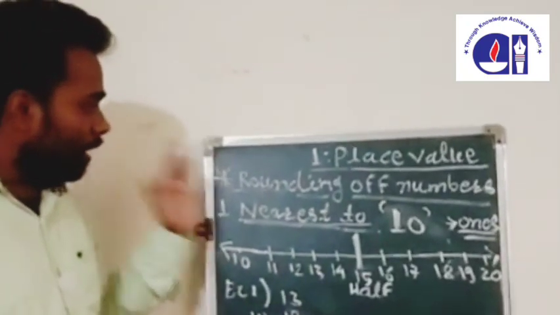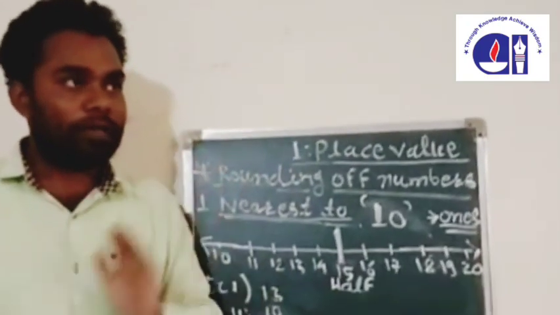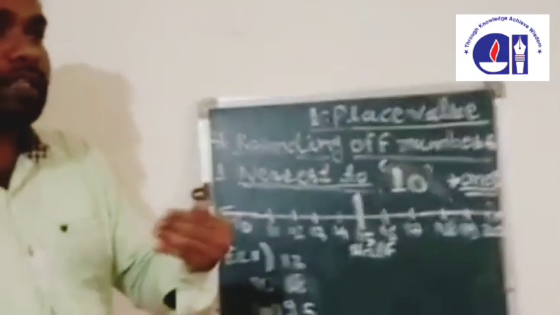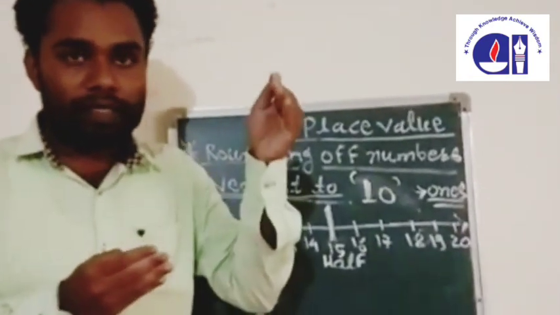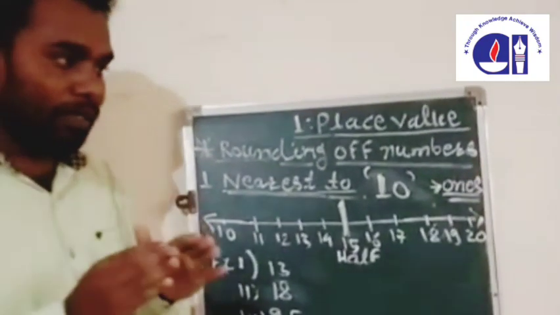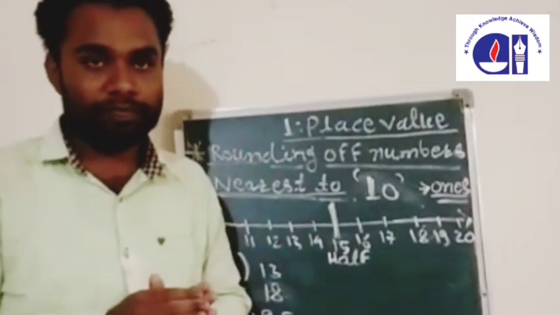So why is the rounding of numbers important? While rounding numbers, sometimes we get a lesser value or sometimes a greater value. It's not an accurate value.